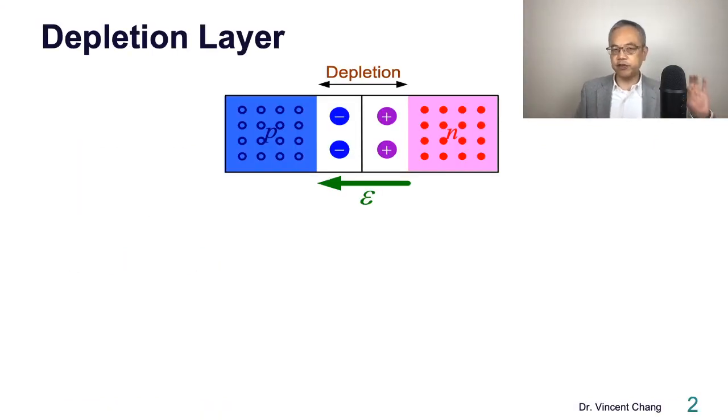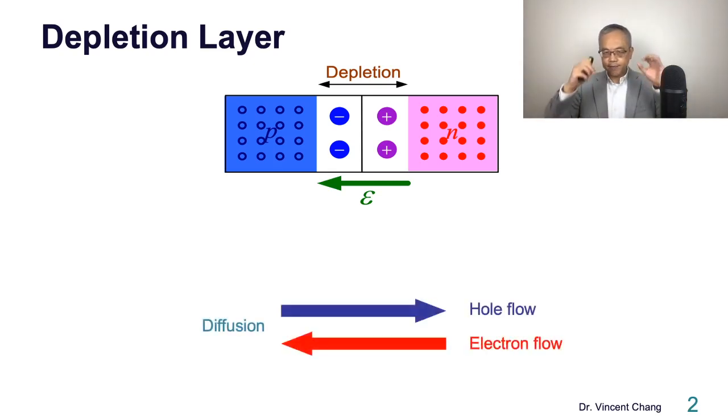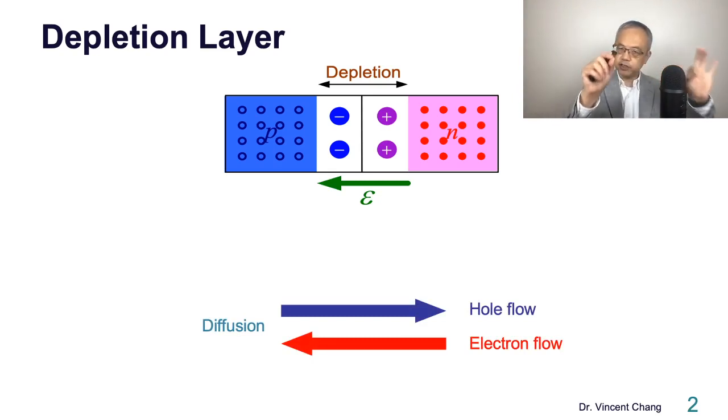So before we dive into analyzing the depletion layer of a p-n junction, let me just quickly review some of the basic concepts of the p-n junction, starting with the depletion layer. The process of letting a p-n junction go into the thermal equilibrium condition is this.